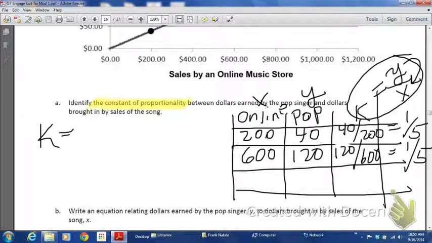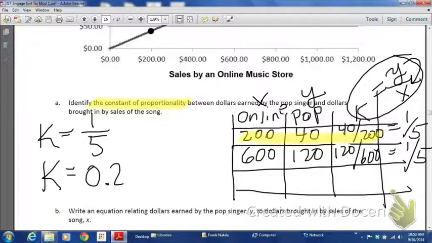So our K is 1/5. Some children wrote K equaling 0.2, which is correct and good. I would have liked them to get this answer using the table format, because it's very easy to see.